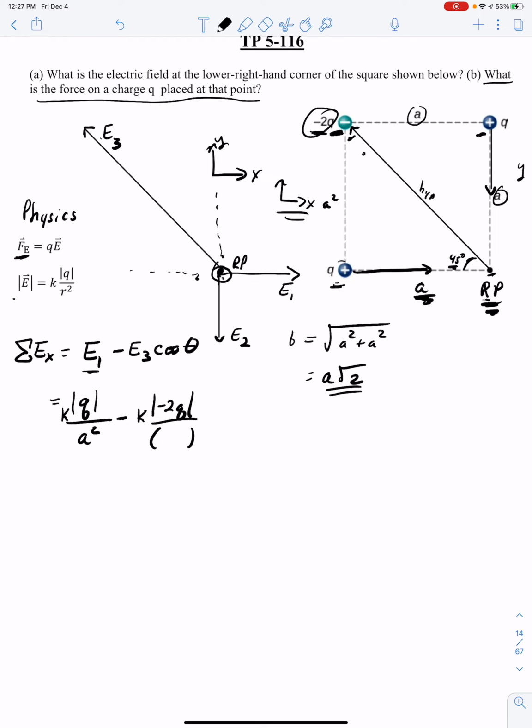Plug that in, a square root of 2 to the power of 2, because it is the distance from the reference point. Then you multiply by cosine of 45, because you want the component in the x direction for E3. And voila, you are done with the x direction.